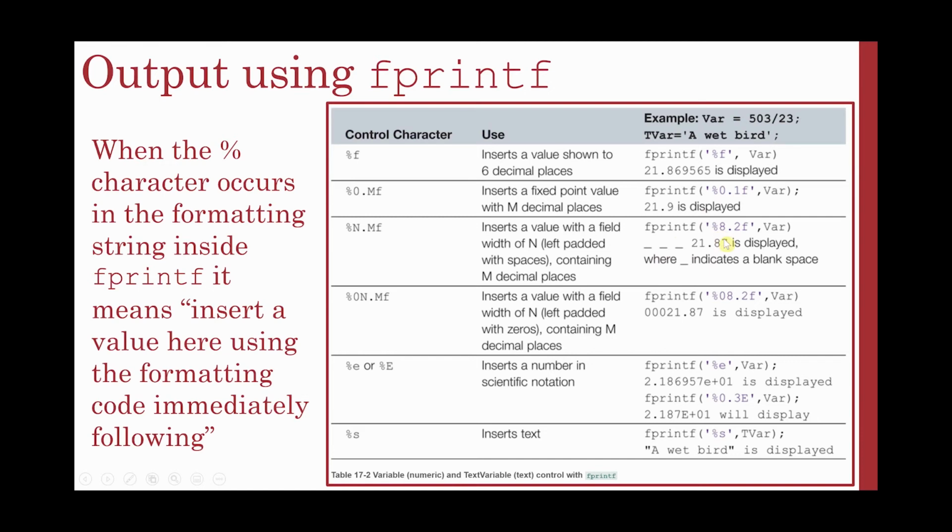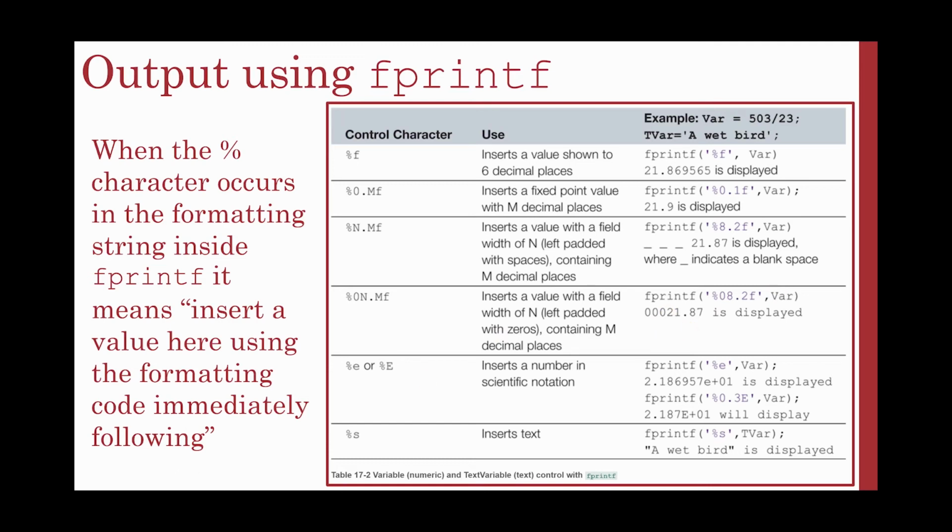Note that this is a field width, not a complete space, which is why there's not as many as the number 8. If you do %0n.mf, it inserts a field of width n with leading zeros containing m decimal places. So we put 3 leading zeros before our variable here.